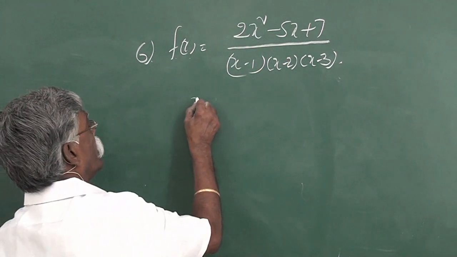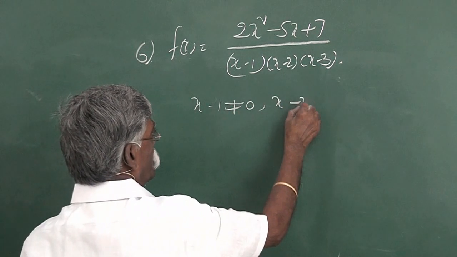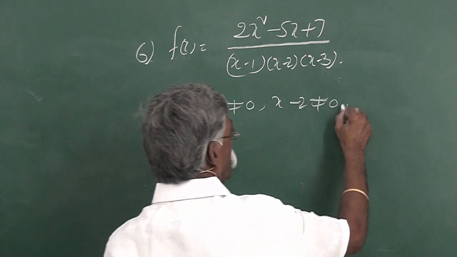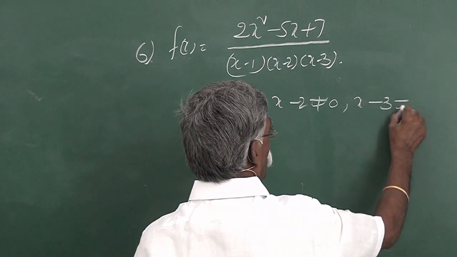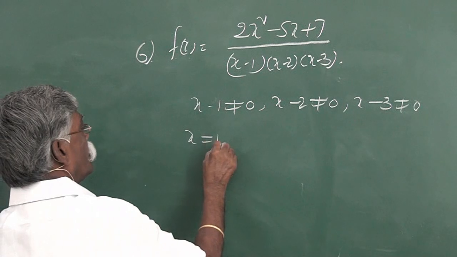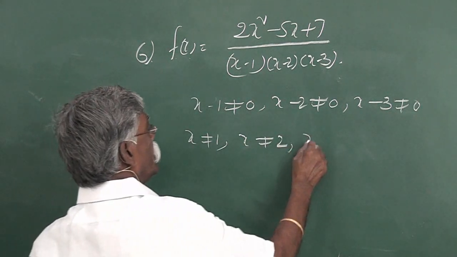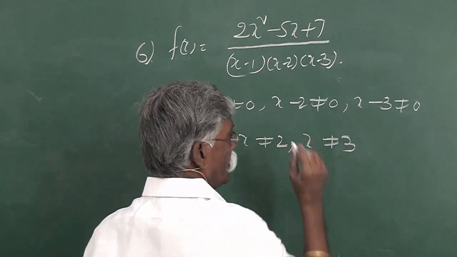But for the denominator, x minus 1 not equal to 0, x minus 2 not equal to 0, x minus 3 not equal to 0. Therefore, x is not equal to 1, x is not equal to 2, x is not equal to 3.